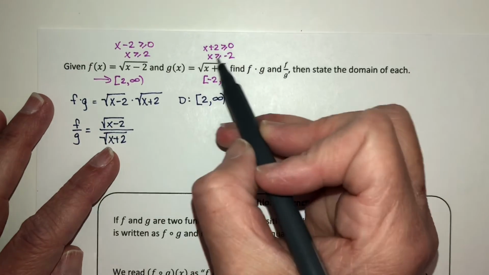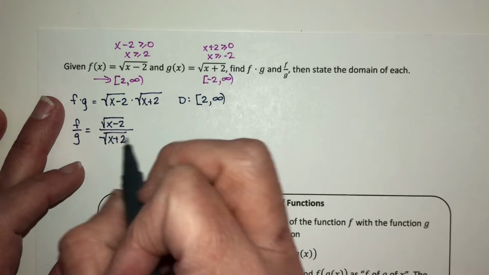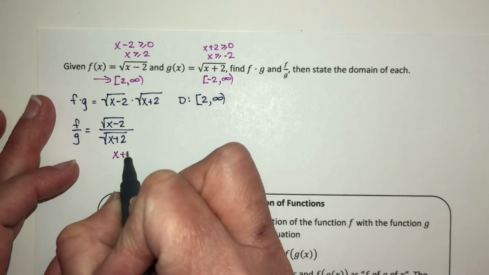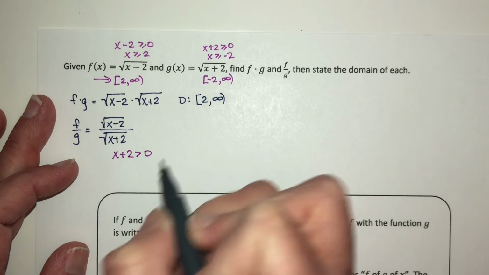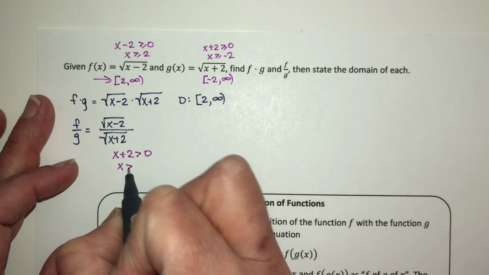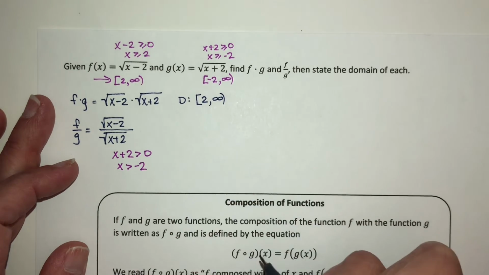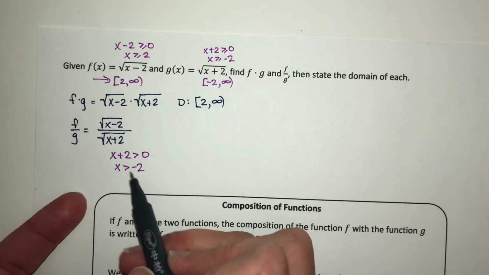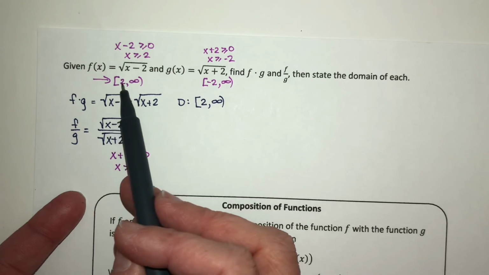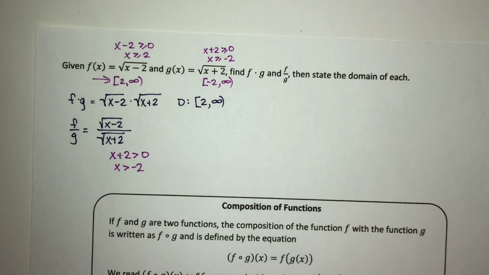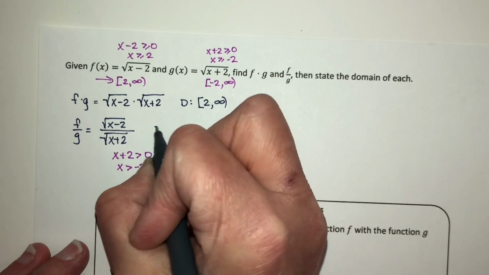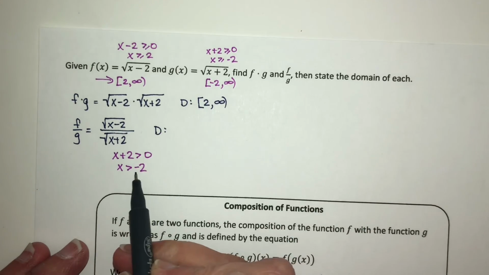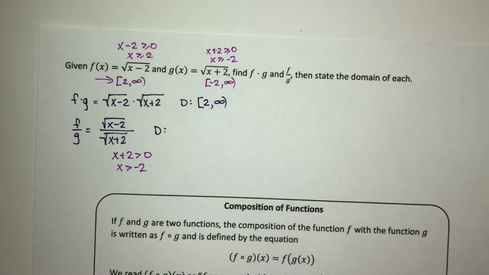So right here we allowed it to equal 0, but since it's in the denominator, x plus 2 needs to be strictly greater than 0, which means x needs to be strictly greater than -2. But that really didn't change anything because all the numbers from -2 up to +2 were already excluded from the domain. So even though this added a level of difficulty, it didn't change our domain.